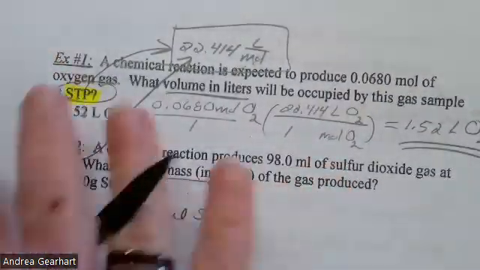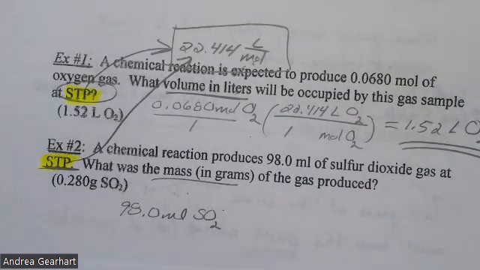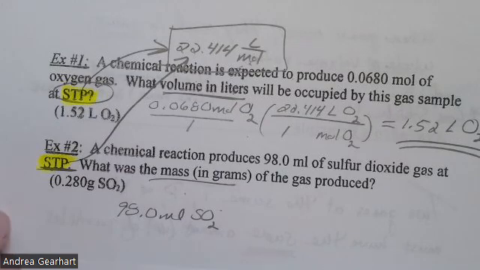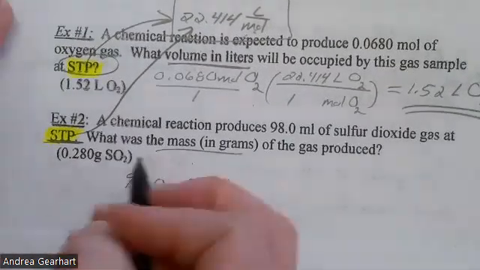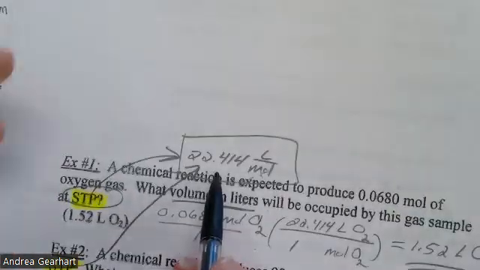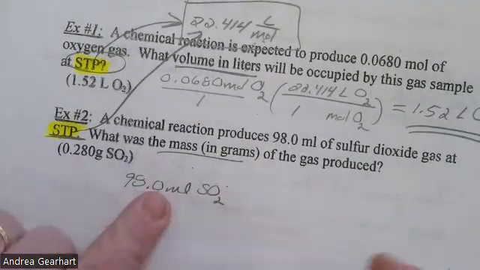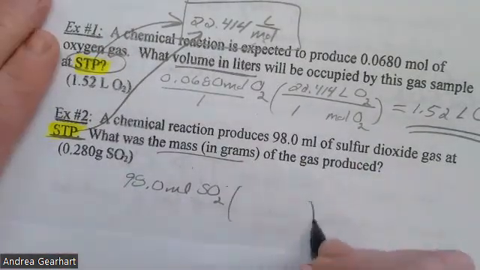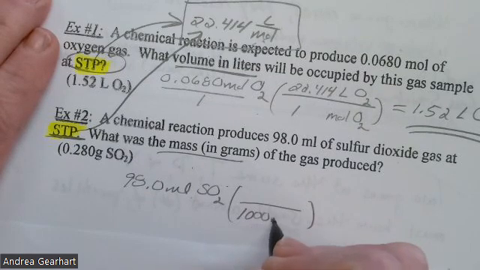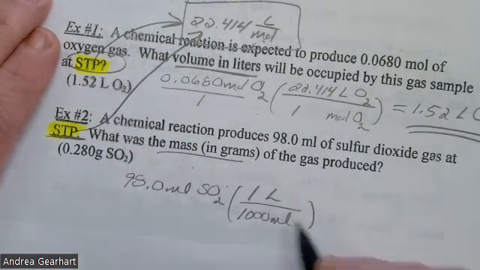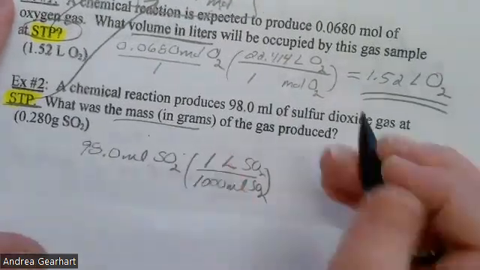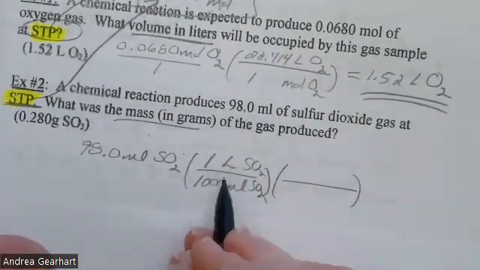If these problems are under the heading of molar volume, or the problem says to apply molar volume in your problem solving, we know this is going to be somewhere in our problem solving. So since that relates liters and moles, and I'm given milliliters, my first thought is to get to liters. And it would be of the SO2. Doesn't limit sig figs because of the relationship that is defined.